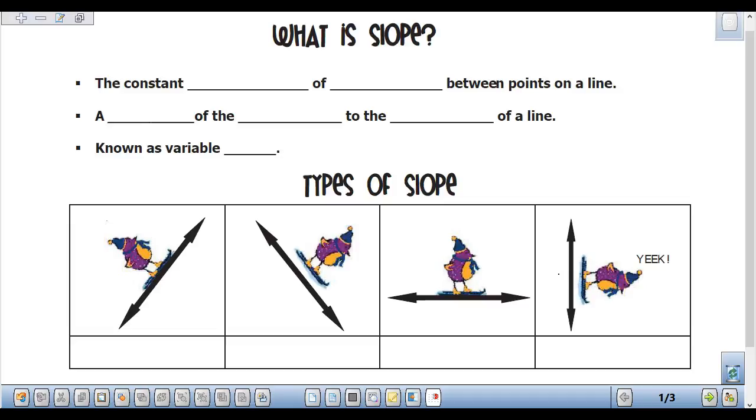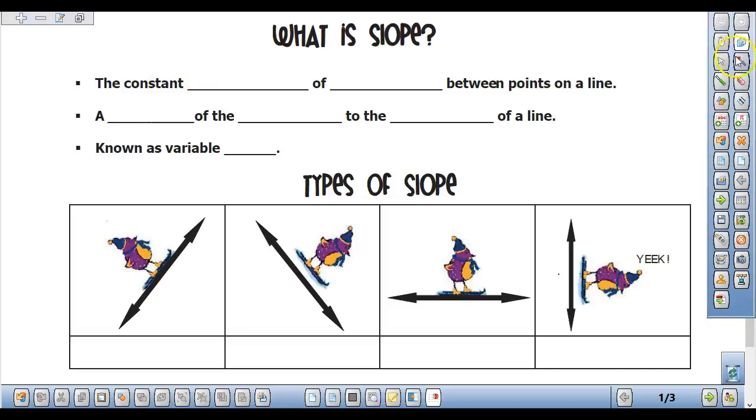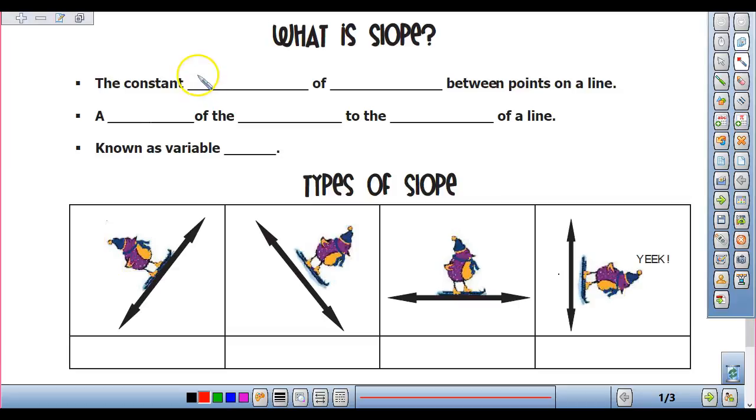Slope is the constant rate of change. Okay, sometimes we refer to slope as the rate of change between points on a line.